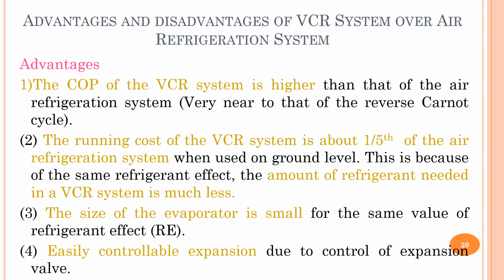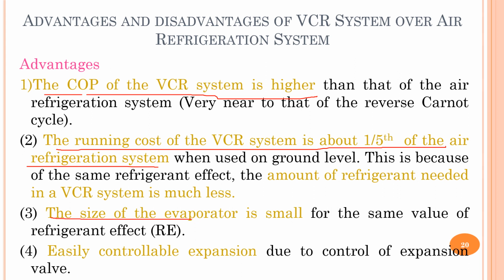Now if you have to compare the VCR system with the air refrigeration system, again refer to the link in the description box. The link is available for the video lecture. You can see the advantages here. COP of the VCR system is higher. Running cost of the VCR system is about 1/5 of the air refrigeration system.